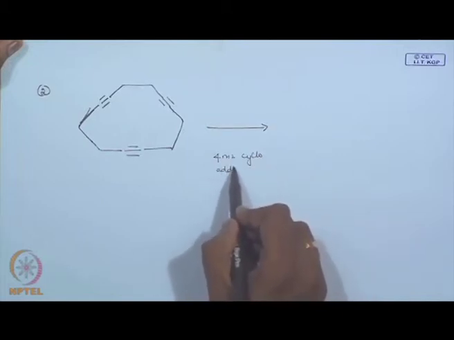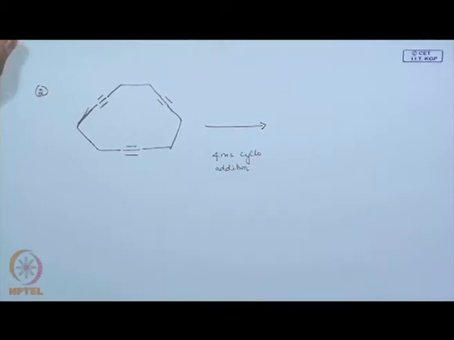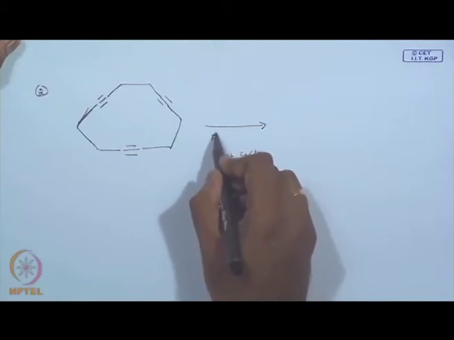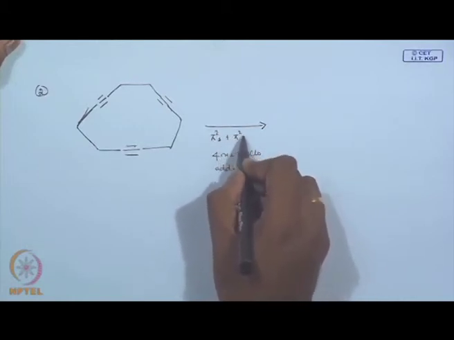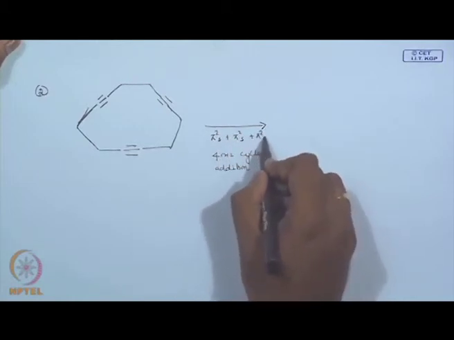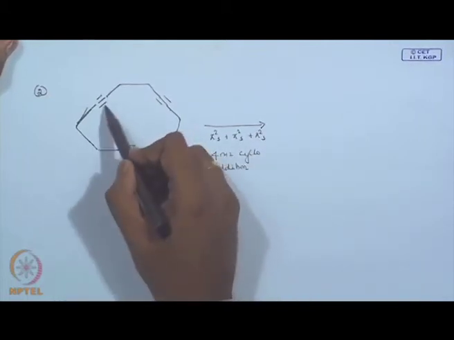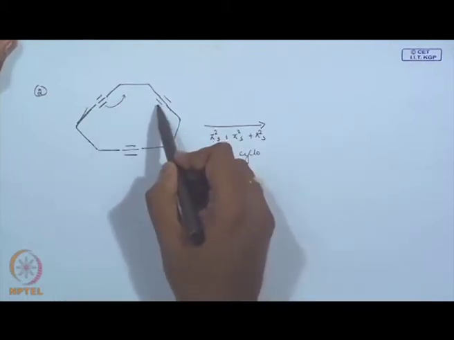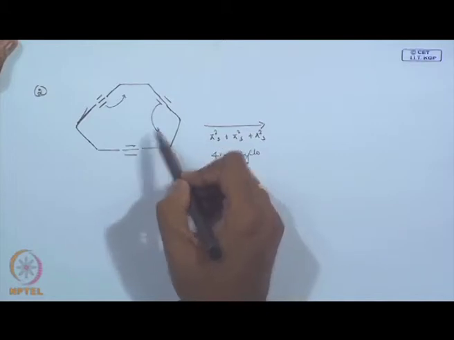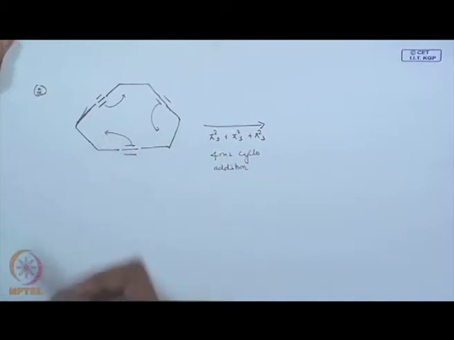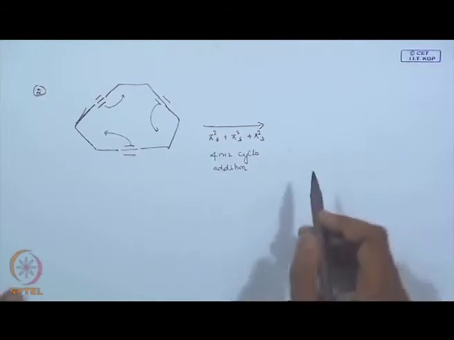What type of 4n plus 2 cycloaddition? You can do pi 2s plus pi 2s plus pi 2s, which you have studied. So, I can use this bond to close this, and this to close this. Sort of ring closure, that is all. See how simple it is.